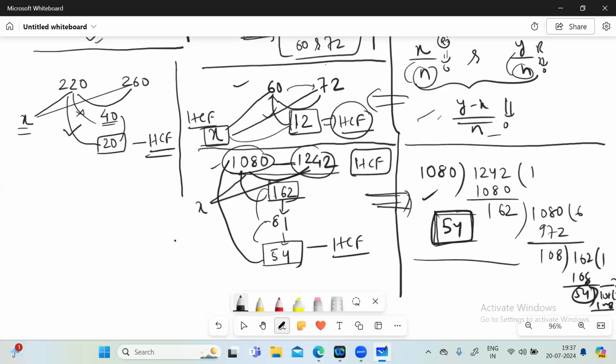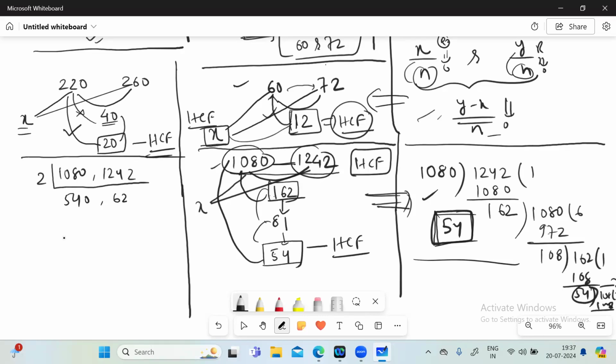The other method you must have learned in school for finding HCF, like if you want to find the HCF of 1080 and 1242, is writing the common factors. So here I'll have 540 and 621.